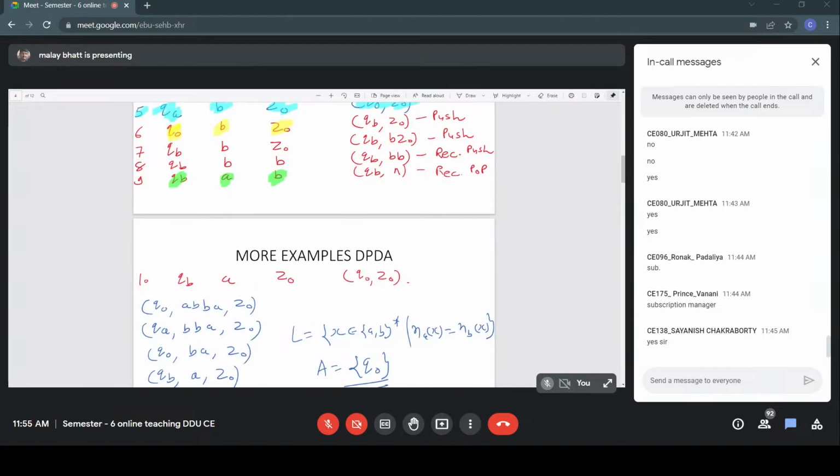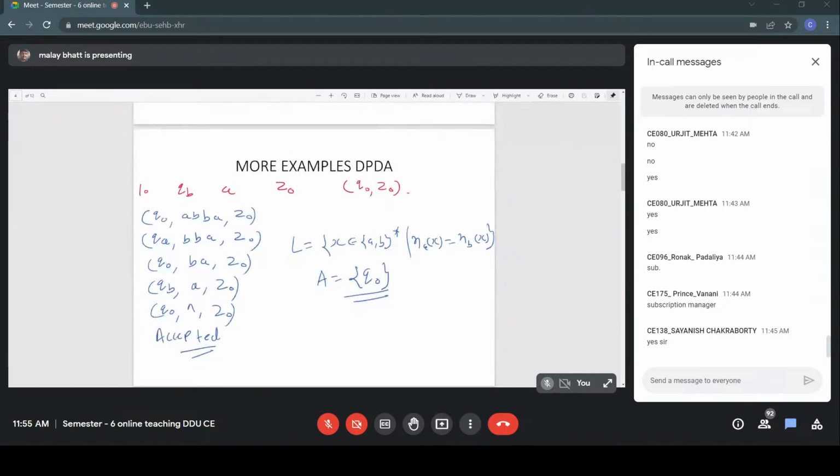Now if we apply these rules on any example, it will be like this. Let us see Q0, A, B, B, A, and Z0. All these are deterministic PDAs, so we don't have multiple branches. We don't need a fork system call to try multiple alternatives.